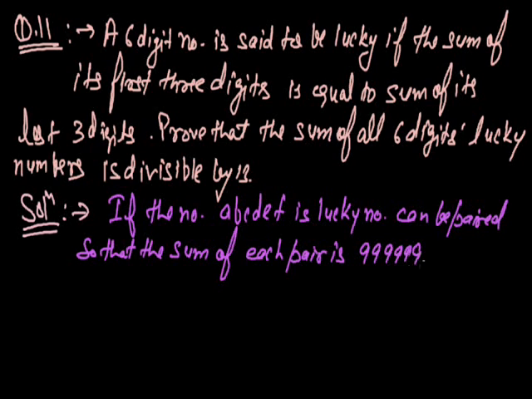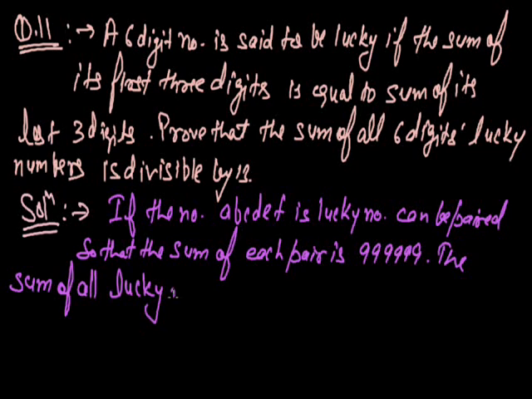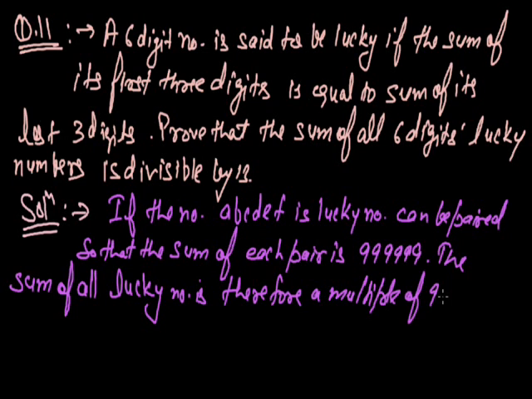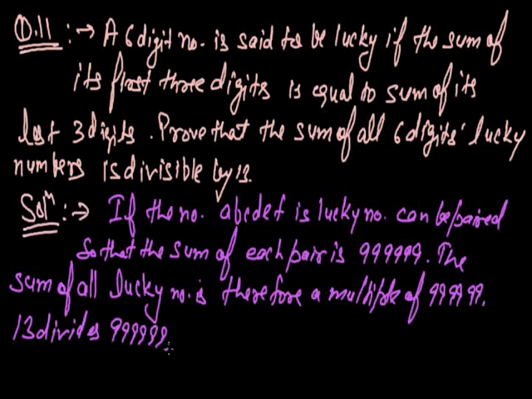The sum of all lucky numbers is therefore a multiple of 999999, and we know that 13 divides this number 999999. So the sum is divisible by 13.